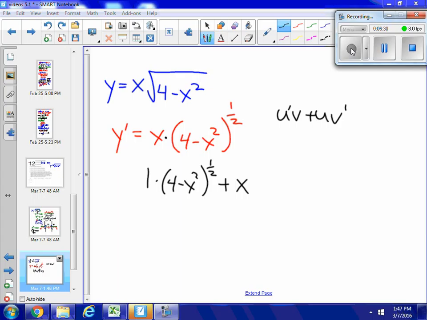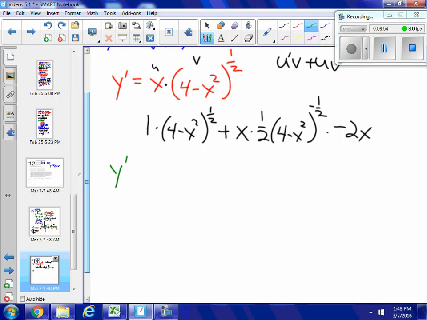Well, this whole thing here is my v, this is my u. So v prime is 1/2 (4 minus x squared) to the -1/2, that's the outside, times the derivative of the inside, which would be -2x. So let's simplify that a little bit.